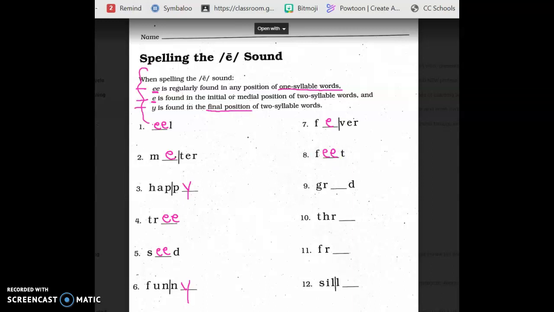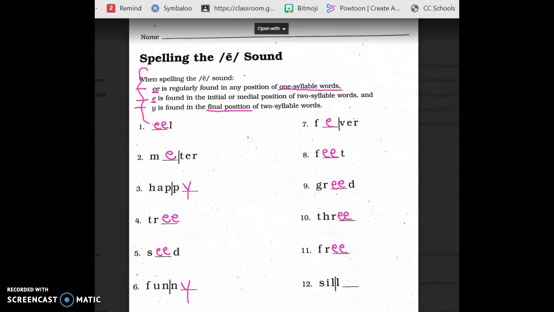Number nine, greed. Two E's. Number 10, three. Two E's. Number 11, free. Two E's. A lot of double E's.